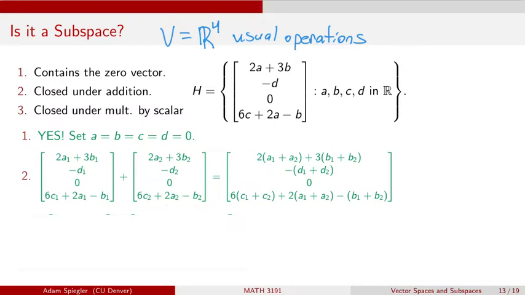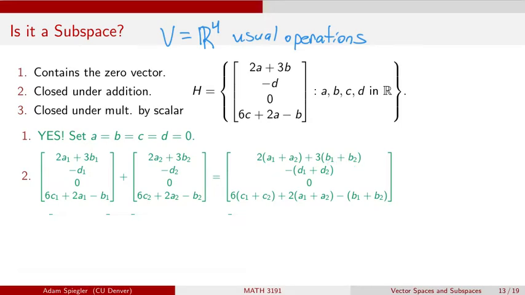And then we add these two vectors together using our typical vector addition. And then I'm going to group things together. So I would have my a1 plus a2, they're both being multiplied by 2. I've got my b1 and my b2, which are both being multiplied by 3. So I can write this as 2 times some number, which happens to be a1 plus a2, plus 3 times some other real number, which in this case is b1 plus b2.